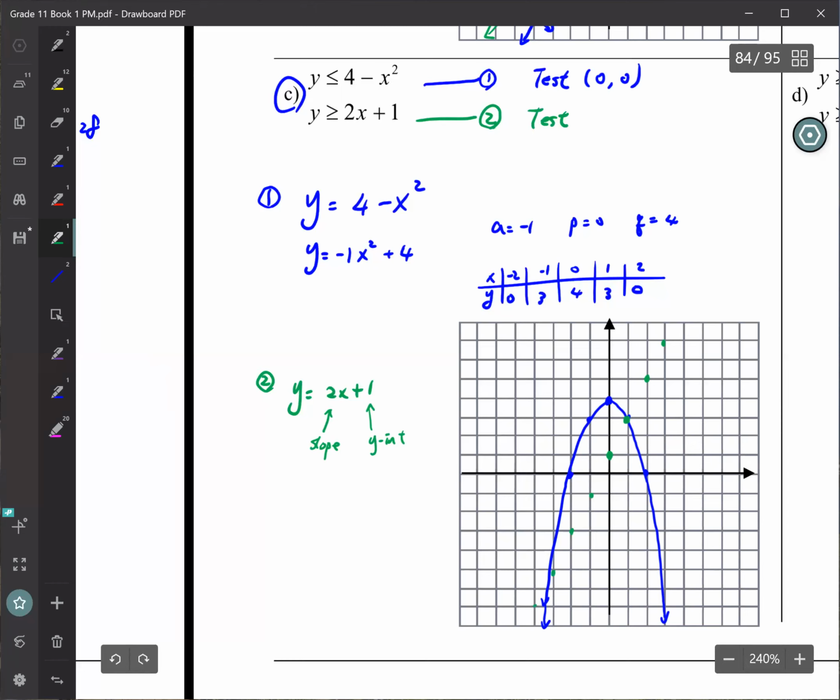Okay, solid line once again. We can test 0, 0, right? 0, 0 is not on the line. All right, so if you finish testing both, please raise your hand.